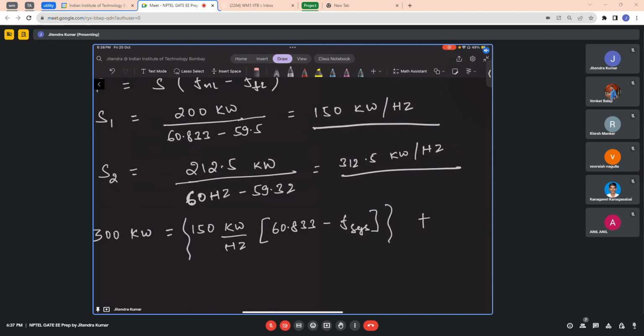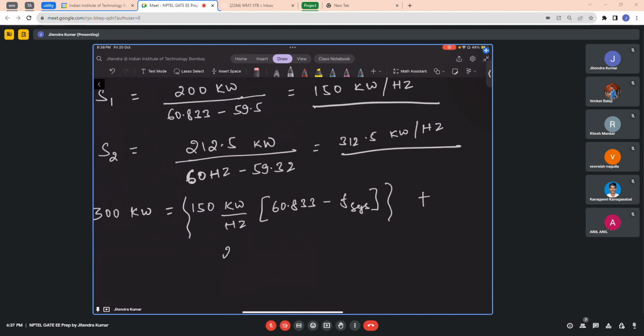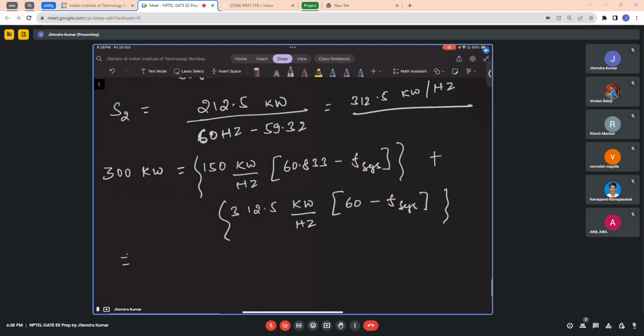The other component will be 312.5 kilowatt per hertz into its no load frequency, 60, minus system frequency. Okay, so now I think you will be able to find out the system frequency, and that will be the frequency at which this entire power system will work.